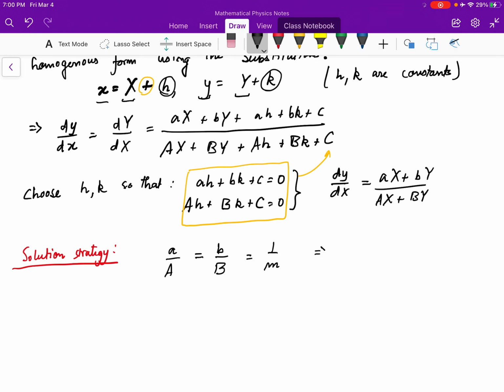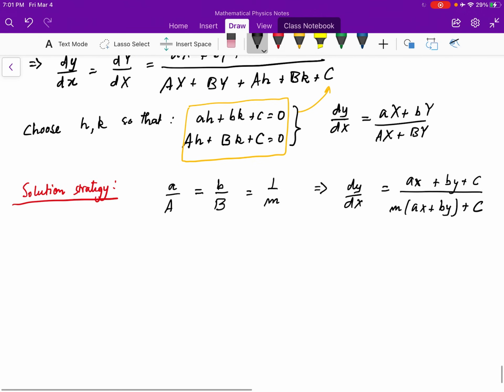And therefore, dy by dx is equal to (ax plus by plus c) upon m(ax plus by plus c). So this is the concept that we have. This is what we are looking for. But upon this condition that we have, this is also called a case of failure.